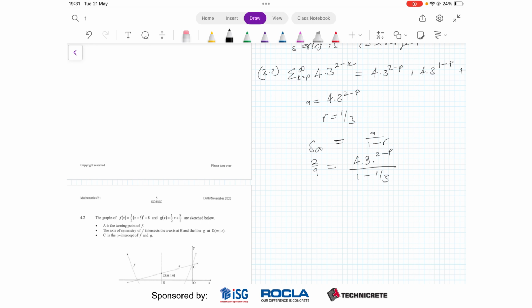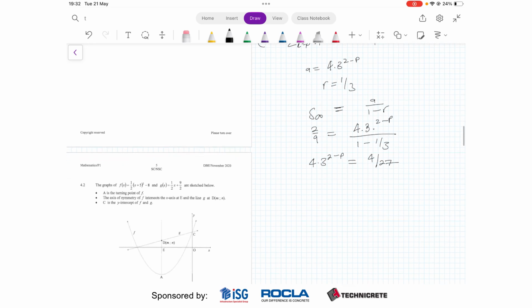Working that all out will give us that 4.3 to the power 2 minus p is equal to 4 over 27.